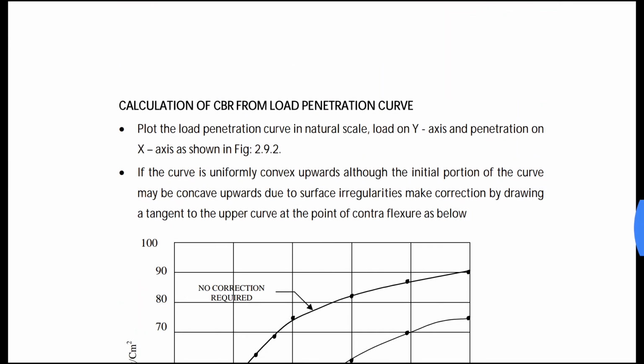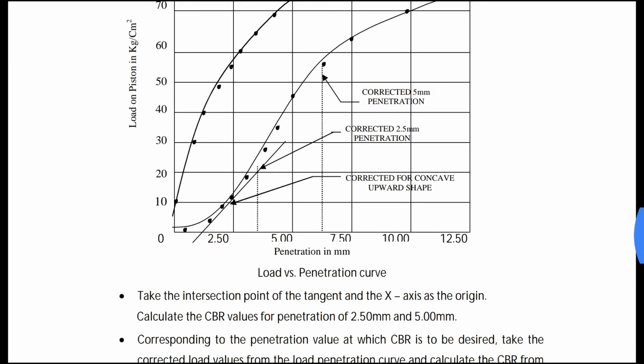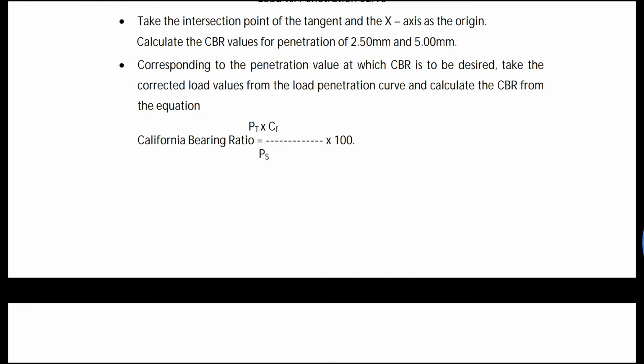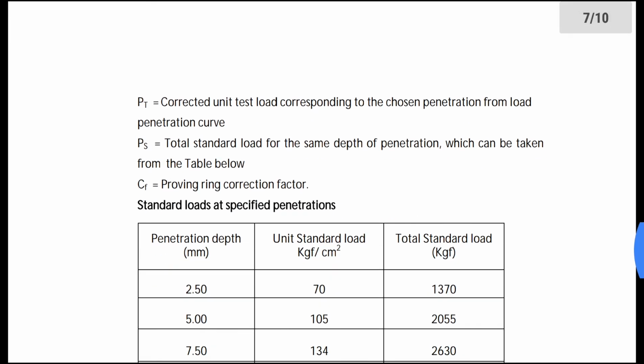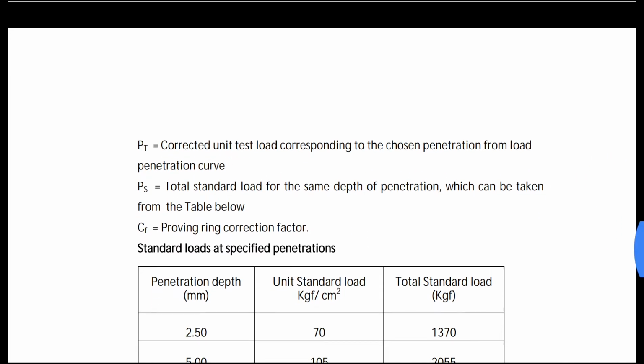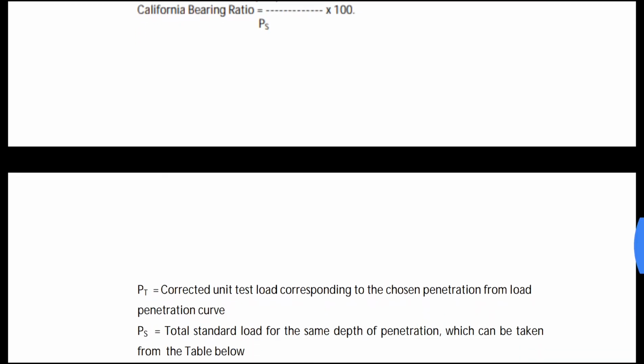So here you can see the calculation of CBR from a penetration curve. So here is the load versus penetration curve. The California bearing ratio is equal to PT × CF / PS × 100, where PT is the corrected unit test load corresponding to the chosen penetration from the load penetration curve.